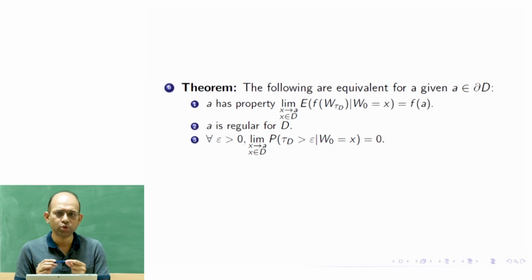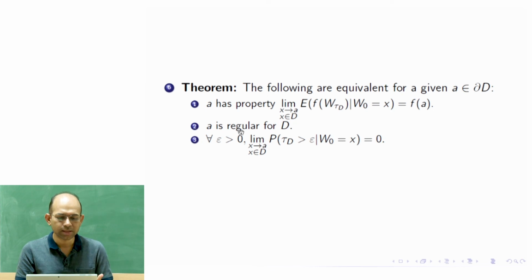You start your Brownian motion from x, and you are asking what is the probability that it would take at least epsilon time to leave the domain. Of course, if you come very close to the boundary, the probability that it would take at least epsilon time to leave would decrease.